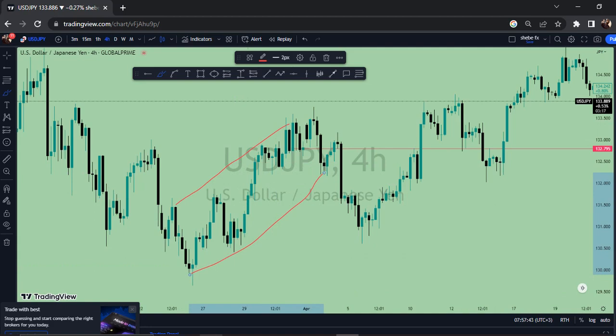And it comes to mind that okay, I have finished this impulsive movement. What do I expect? I'm expecting correction. And like you see, the correction happened around here.